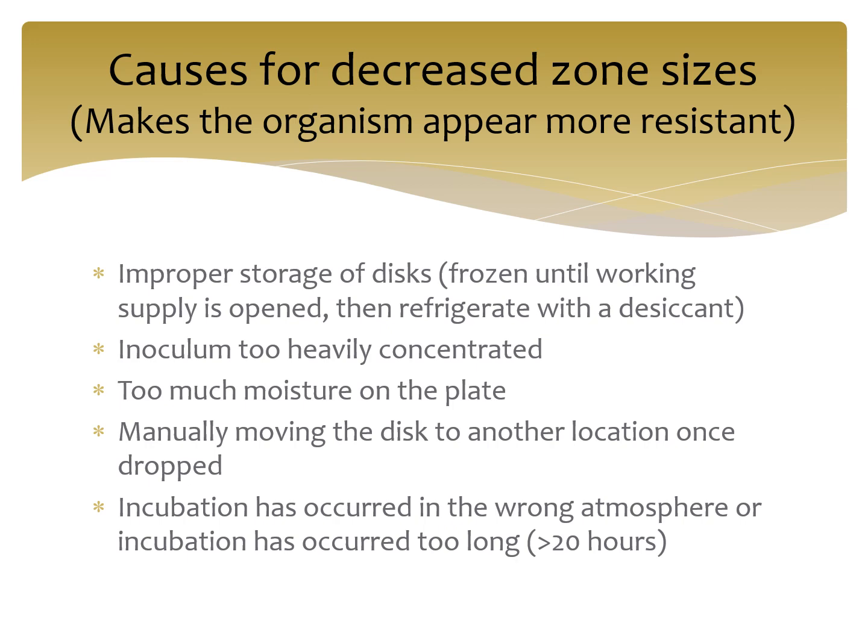A small zone would make the antibiotic appear to be more resistant because the organism creeps up near the antibiotic. If you have improper storage of discs, that can actually decrease your zone size. These discs should be frozen until we're ready to use our working discs, and those would be refrigerated with the desiccant. If you have your inoculum too heavy, that can make your bug appear to be more resistant.